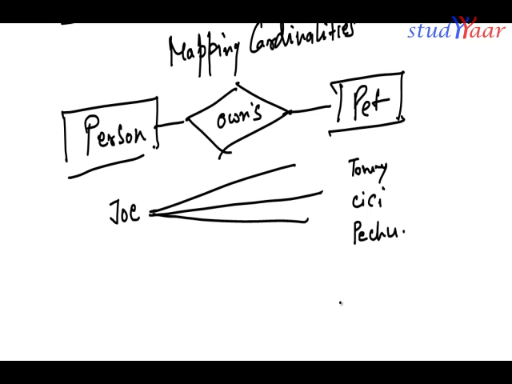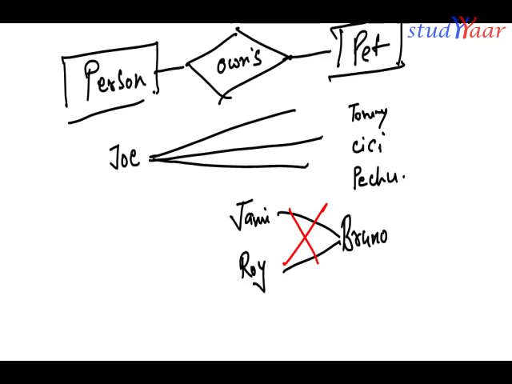But obviously we don't have a scenario where a pet is being owned by more than one person. We cannot have Bruno being owned by Jamie and Roy. Like, it's not possible.